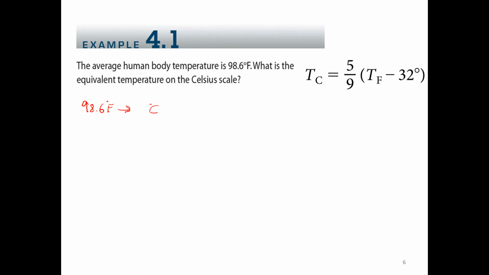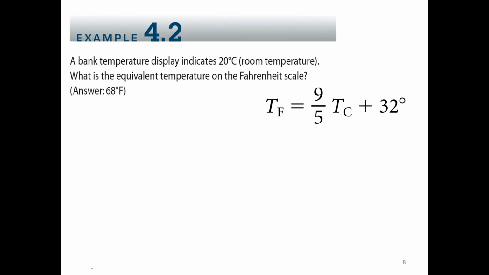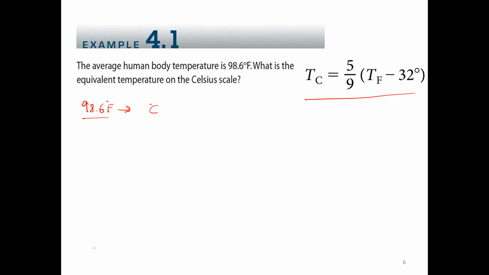Then what we can do is use this equation and just plug in the Fahrenheit temperature into the equation. Let's write this again. Yeah, sorry. Then we want to convert this into Celsius.